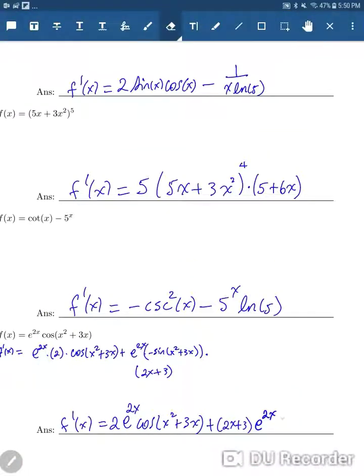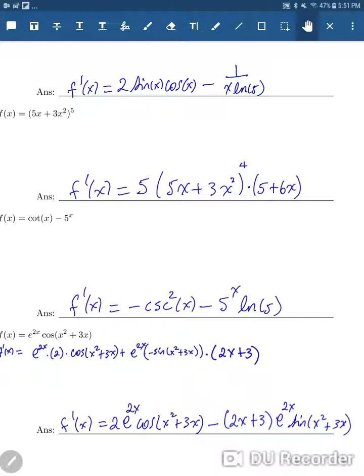See if I can erase and fix it. I can put this up here also while I'm on it. So this was 2x plus 3. So now I have the first piece. I'm going to put minus 2x plus 3 e to the power of 2x sine of x squared plus 3x.